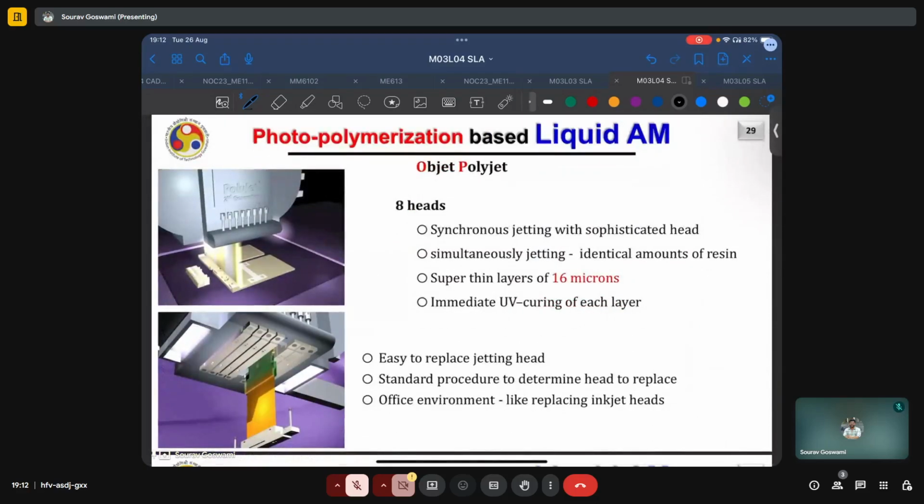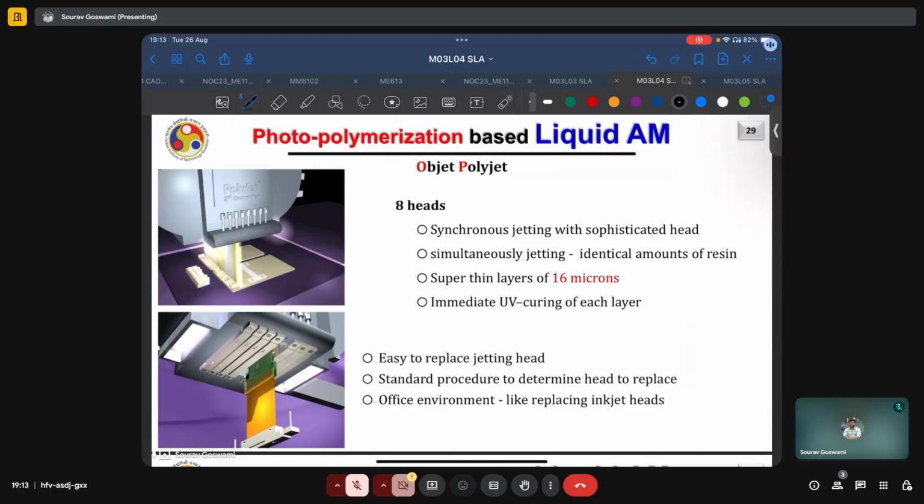Now, as we discussed, the object polyjet deposition head has 8 heads, which allow for synchronous jetting with the sophisticated head, simultaneous jetting of the support and build materials, which allows for super thin layers and layer resolution of 16 microns, and the immediate UV curing of each layer by the UV floodlight, which is mounted in the deposition head itself.